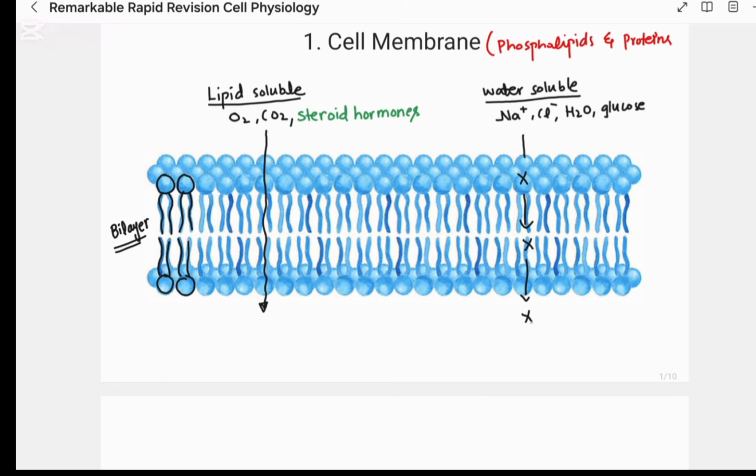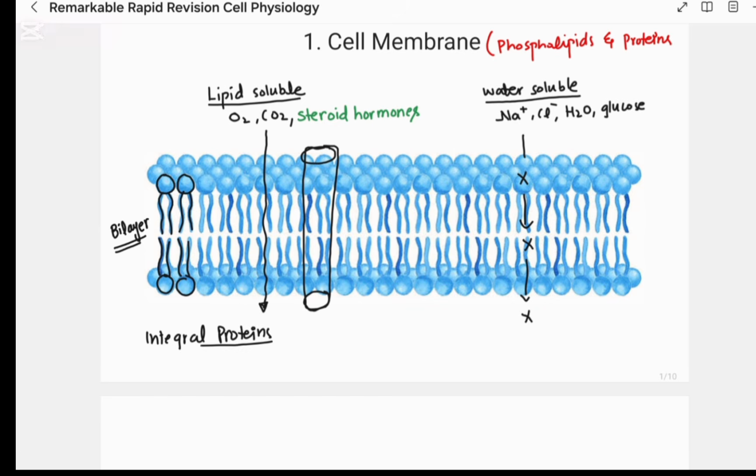इसके अलावा in the structure of cell membrane there are certain proteins. अब कुछ proteins हैं which are embedded or anchored to this membrane. So these proteins are known as integral proteins.